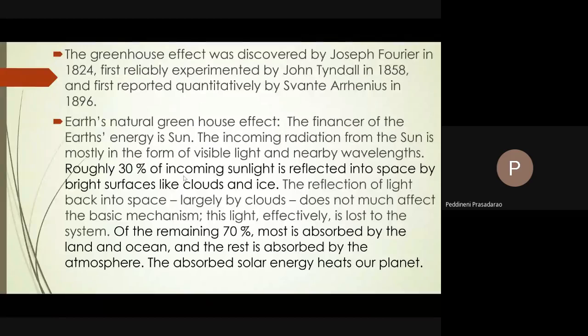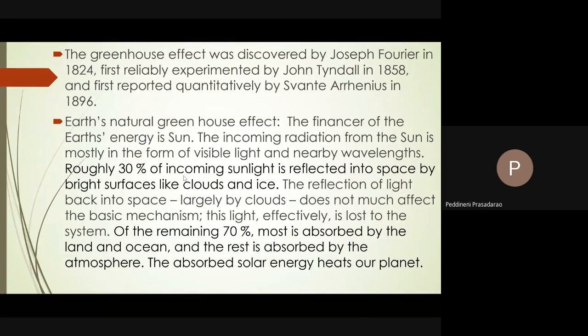These are the pioneers, and if we are studying the greenhouse effect, all the credit goes to these three gentlemen.